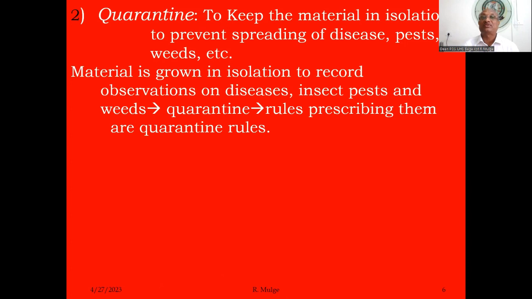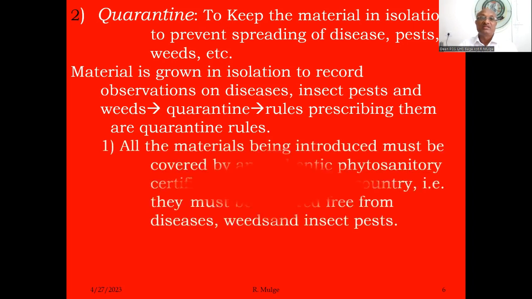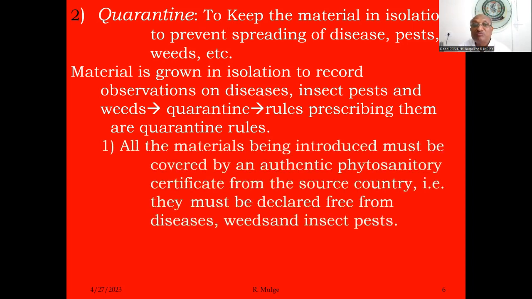So it will be subjected to quarantine rules. Rules prescribing them are there; they call them quarantine rules. Whether this can be introduced or not, and what specific procedure applies, depends on the crop and country. All the materials being introduced must be covered by an authentic phytosanitary certificate from the source country.